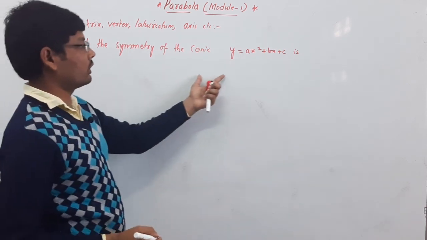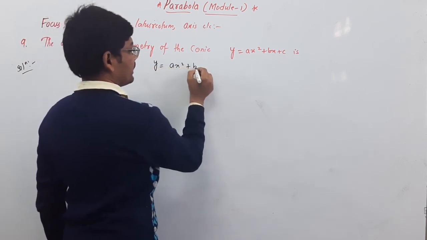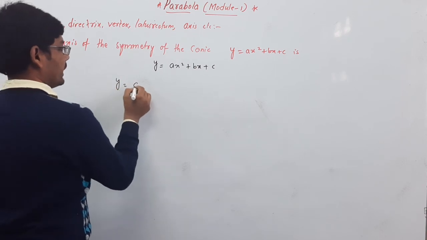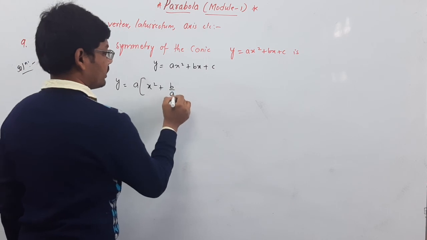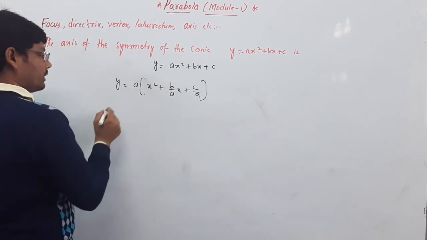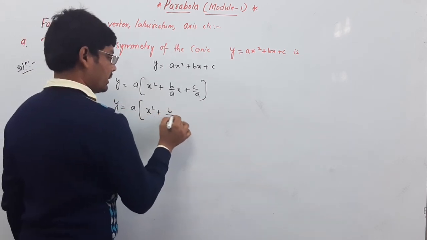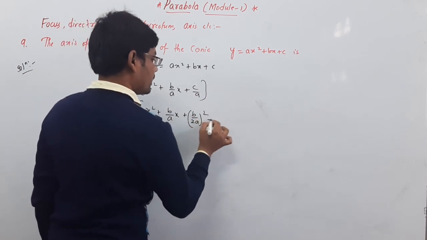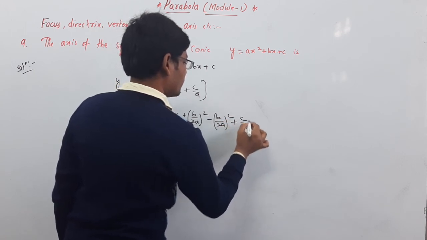So the given conic is y is equal to ax square plus bx plus c. Let's take a as common: y is equal to a into (x square plus b by a x plus c by a).